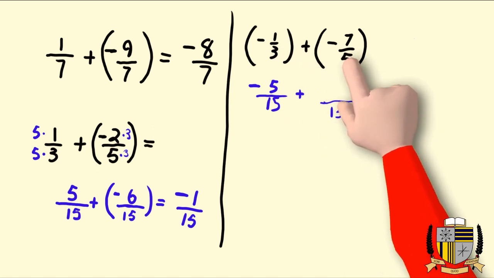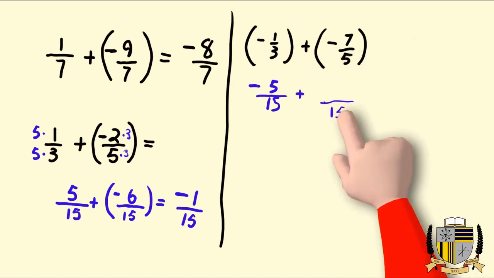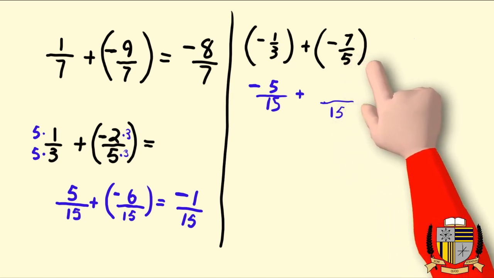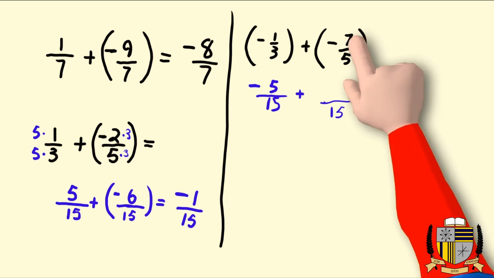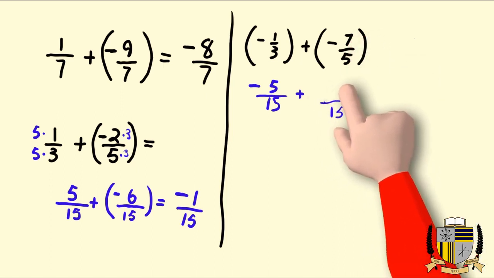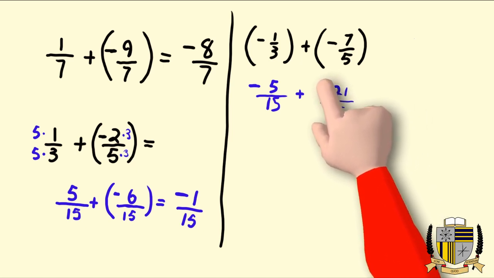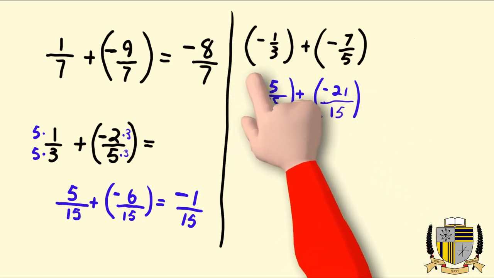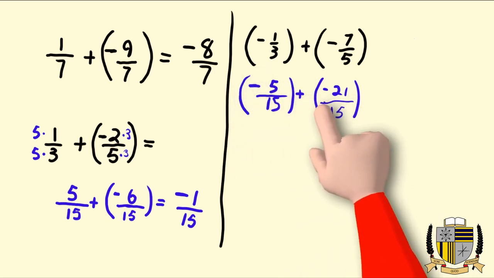This 5, to get from this 5 to this 15, I have to multiply by 3. That means I'm going to have to multiply this 7 by 3. And 7 times 3 is 21. And remember, that was negative. Now we're ready to add, and we're considering the addition rules of signed numbers.